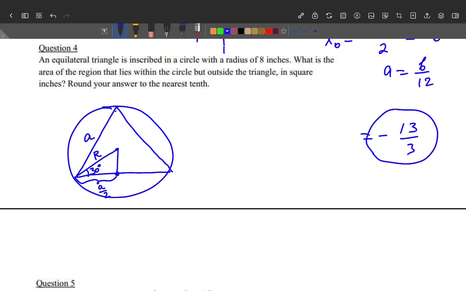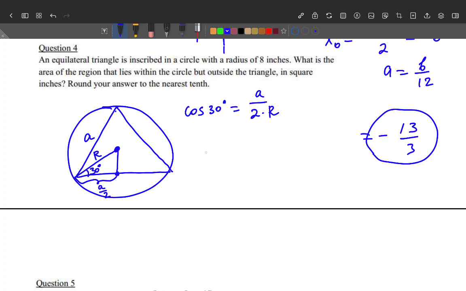I think it's trivial because it's an equilateral triangle. The center of the circle lies on this point, on the bisector of this angle. Because of this, it's 30 degrees. Okay, then cosine 30 degrees is equal to A divided by 2R.